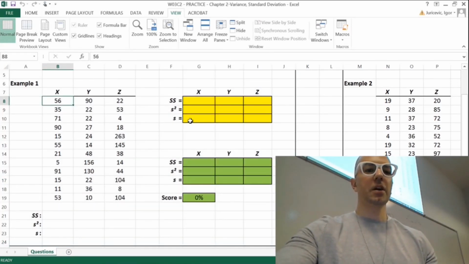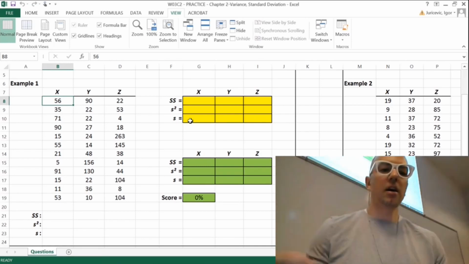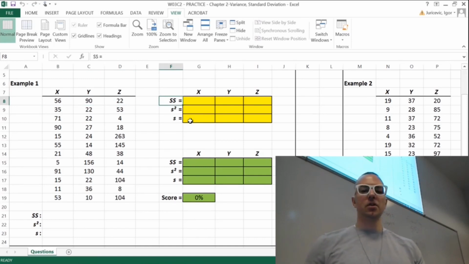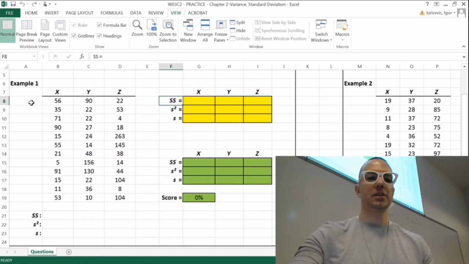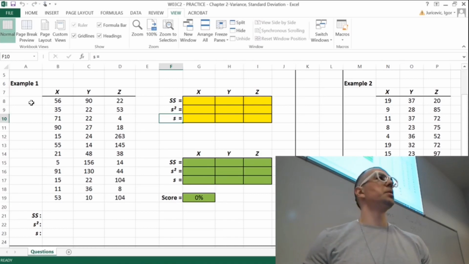So this is our question here. Once again, we have 3 sets of raw data: our X scores, our Y scores, and our Z scores. And what we want to do is calculate and put into the answer cells here our sum of squared deviations, our sample variance, and our sample standard deviation.